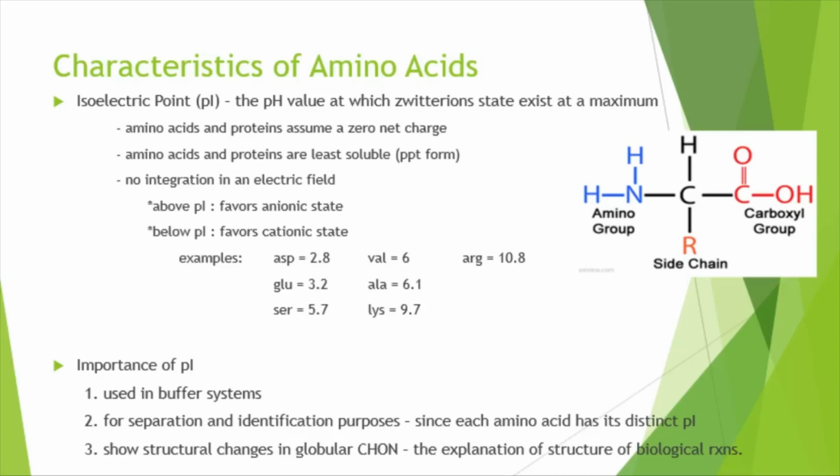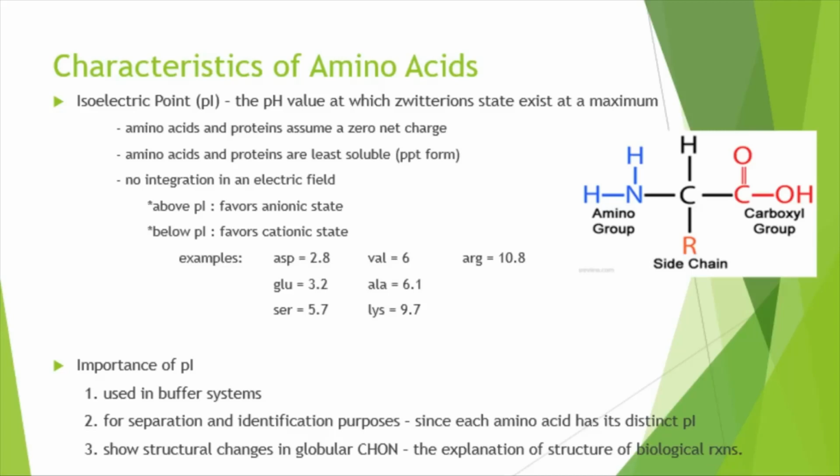Each amino acid has a specific isoelectric point. When the pH is above the isoelectric point of the amino acid, it favors an anion state. But if the pH is below the isoelectric point, it favors the cationic state.